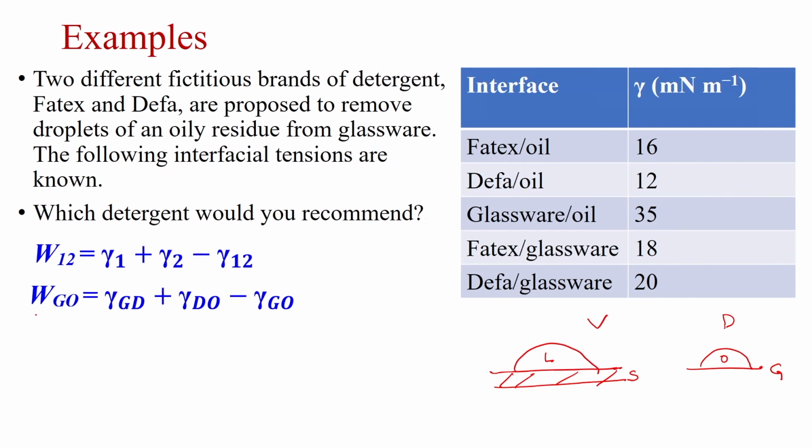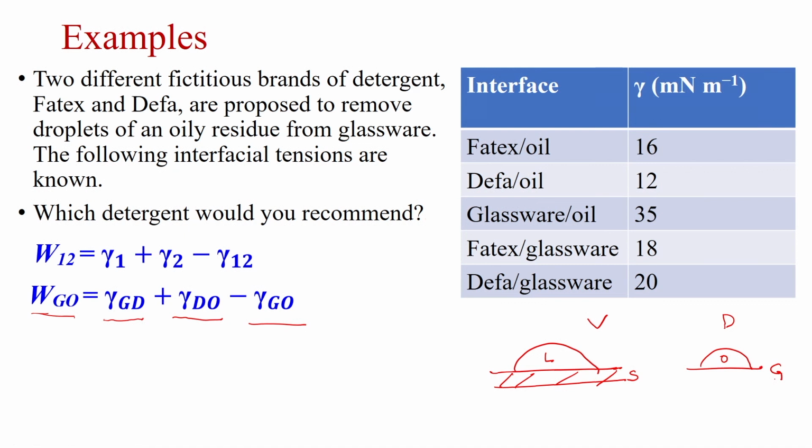Here the work of adhesion we are going to measure between the glass and IL, that is equal to the interfacial tension between glass and detergent plus interfacial tension between detergent and IL minus interfacial tension between glass and IL. This is the same, we are replacing solid with the glass, liquid with IL and vapor with detergent.